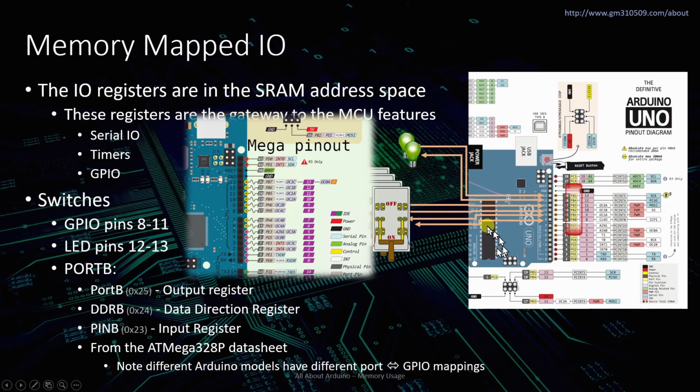But on the MCU, I guess the hardware associated with this particular PWM, which has some other functions as well, would be provided on a different port on the Mega. And so the MCU port mapping is a little bit different on each model because of the different architecture of those MCUs.